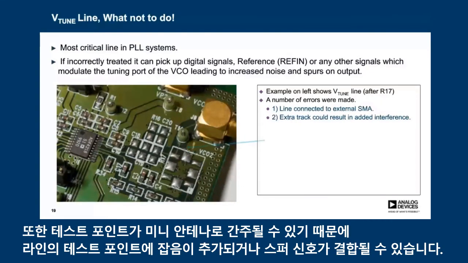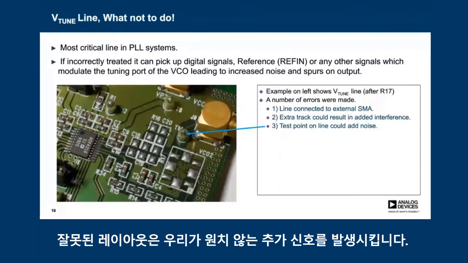Also, there is a test point on the line which can add noise, or any spur signal could be coupled in because a test point can be considered to be a mini antenna, which, if incorrectly laid out, will pick up an additional signal, which we don't want.